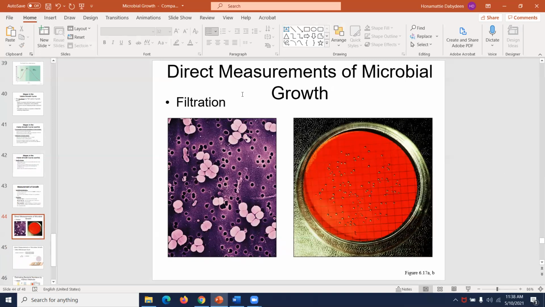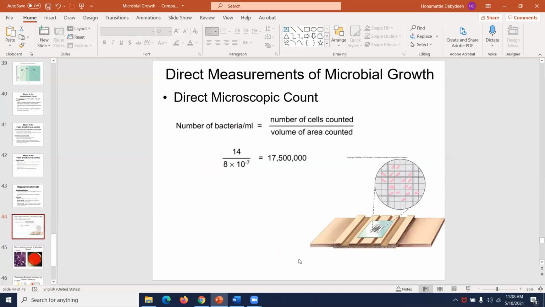You can do some filtration, but before that, maybe I should show you how we can count directly. We have a counting chamber that can only hold a certain volume. You carefully fill it up with that volume of broth, look under the microscope, and directly count the number of organisms.